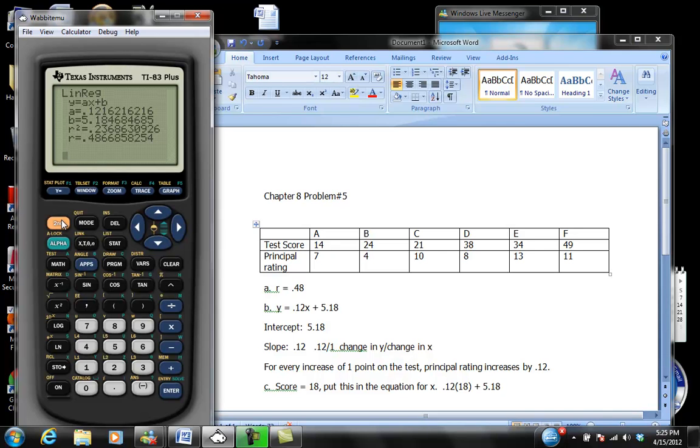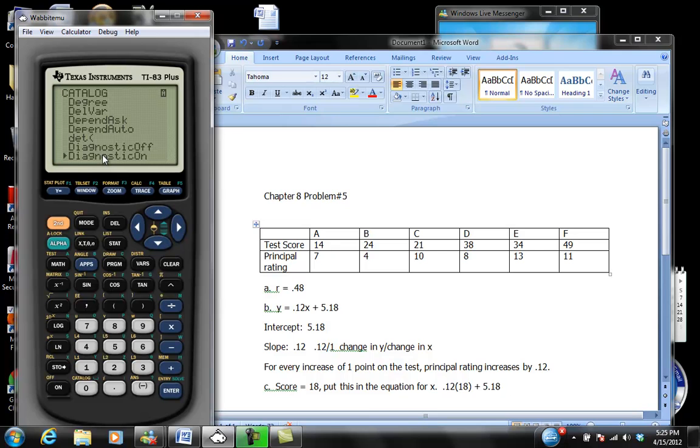So let me just show you something right here. It's really easy. You go to second, and then you come down here to the 0 button, which is your catalog. And this is a catalog of all the functions your calculator does. You just have to scroll down till you hit the letter D. And what we're looking for is a command that says diagnostics on.